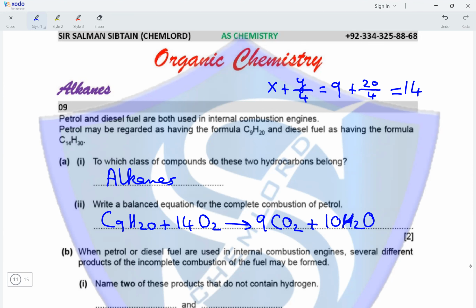So, one of them would be carbon monoxide, and we will have carbon being deposited in the engine, which is also called soot. So, carbon also will not have any hydrogen present in it.